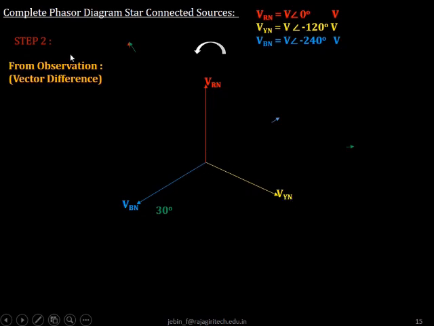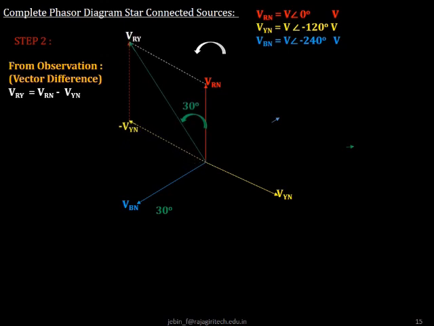Now in second step, we are going to represent the line voltages of a balanced star connected system. So you know that the line voltage VRY is equal to VRN minus VYN. So we'll perform vectorial addition and we'll draw VRY, which is nothing but the line voltage. So I did the vectorial addition between VRN and minus VYN and I have drawn VRY.